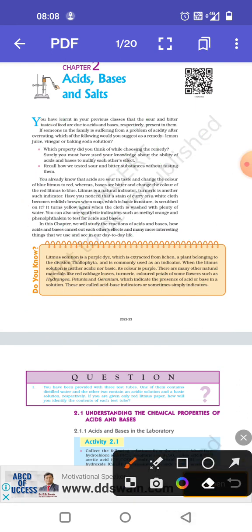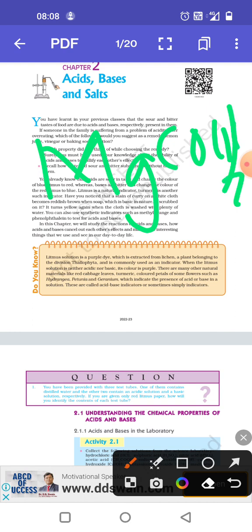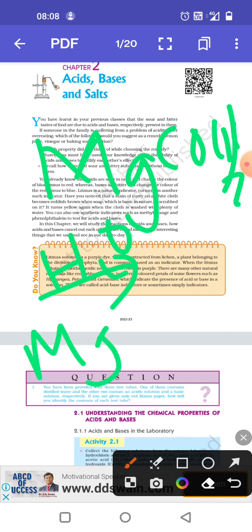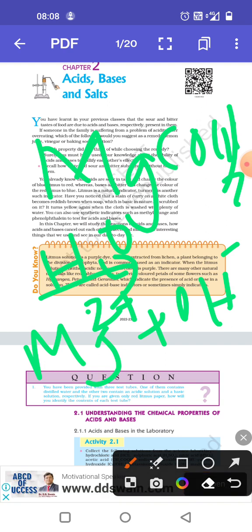Another base is magnesium hydroxide. In aqueous solution it gives magnesium ions and OH minus ions.